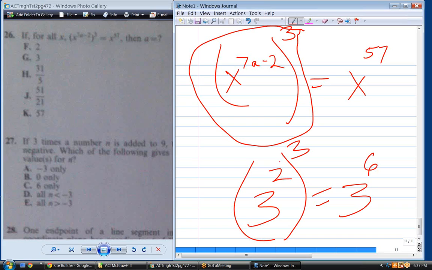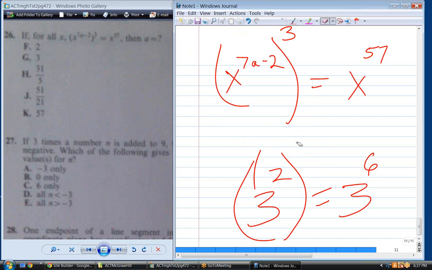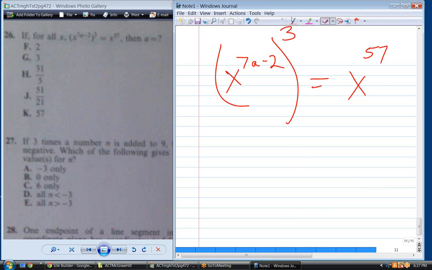In other words, when I'm doing double exponentiation like this, you multiply those two things together. So what's the next step up here? 21a. Hold on, write the whole thing. x to the power 21a minus 6. Now, if that's equal to x to the 57th, what can I say next?